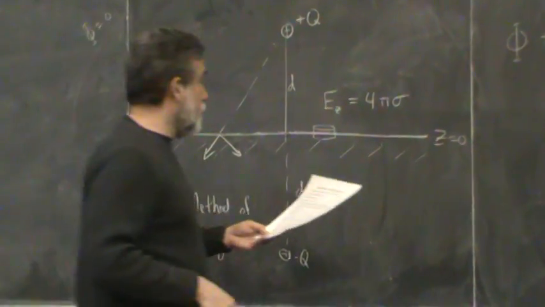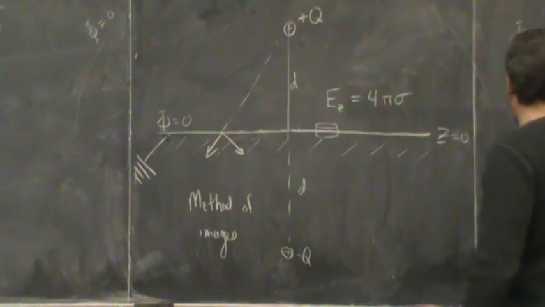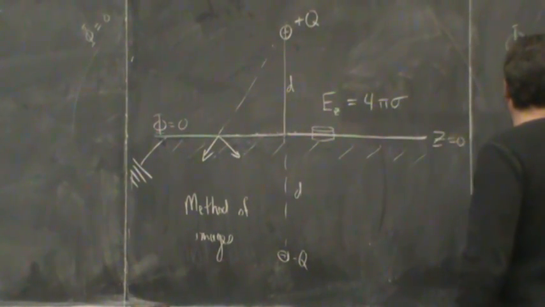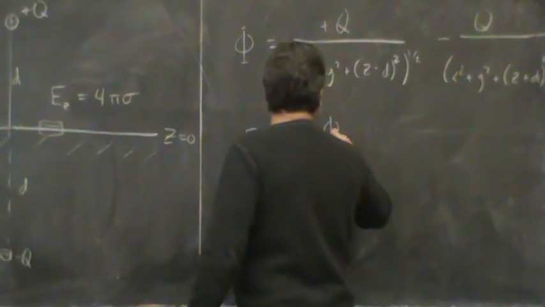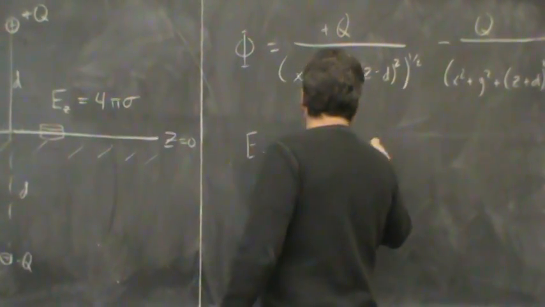So I want my field in the z direction, which is minus d by dz.